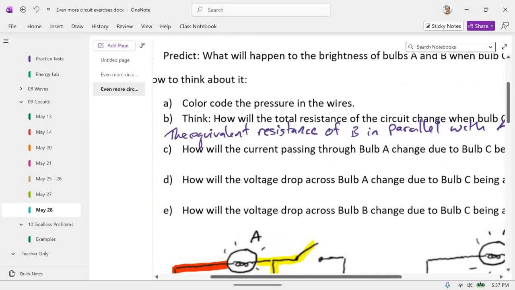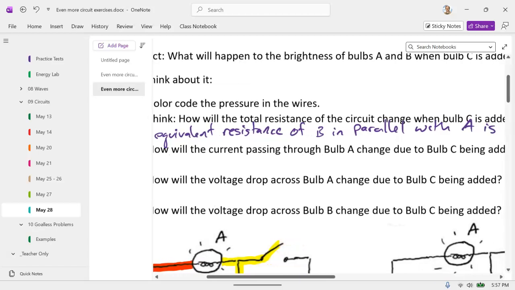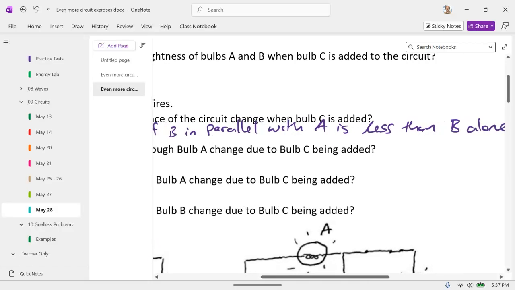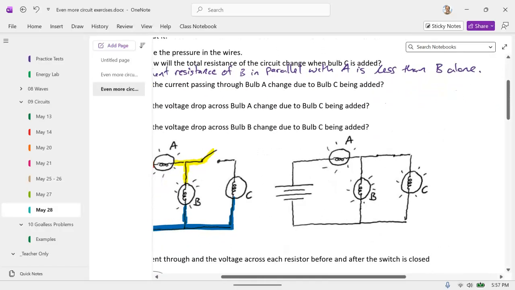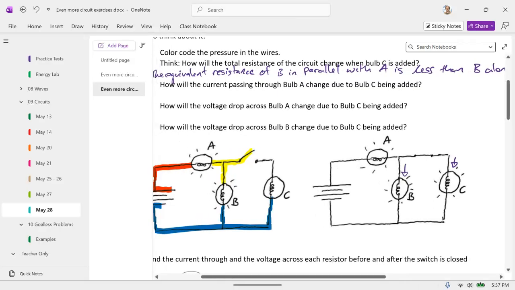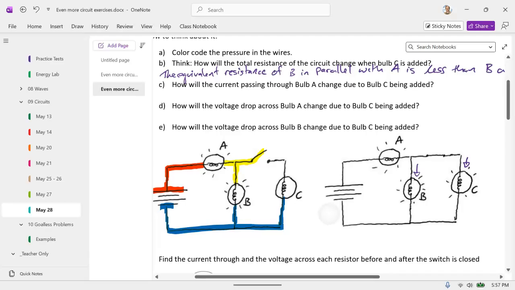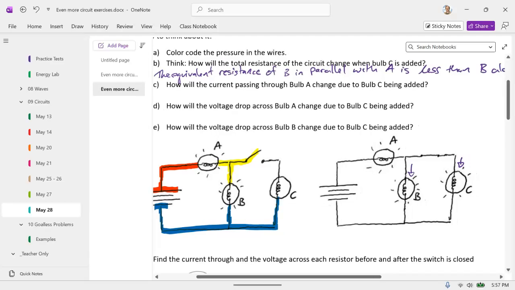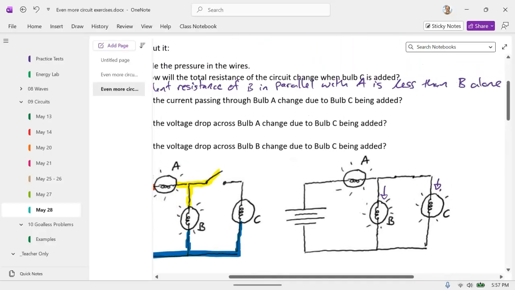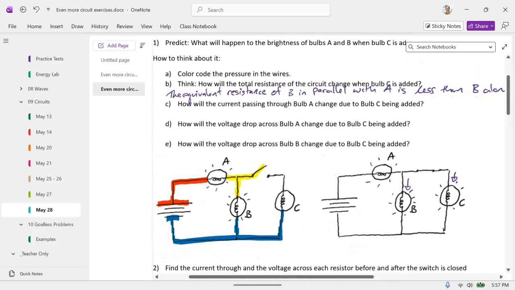Recall from class, when we studied resistors in parallel, that the resistance of 2 resistors in parallel is less than a single resistor. There are now 2 pathways for the current to flow through this circuit. Since there's 2 pathways, it's easier for current to flow. So the resistance is less if you add a bulb in parallel.